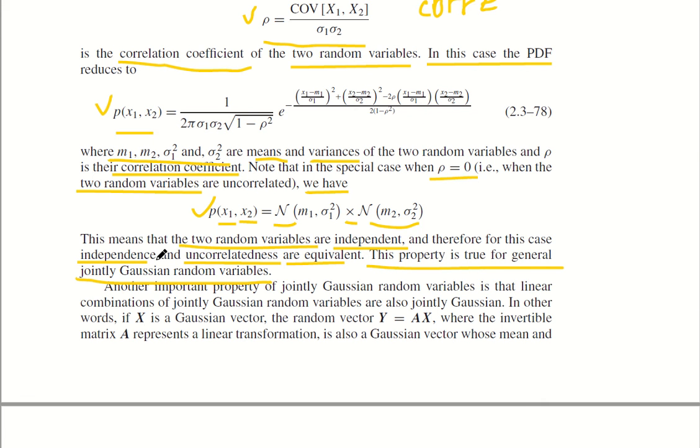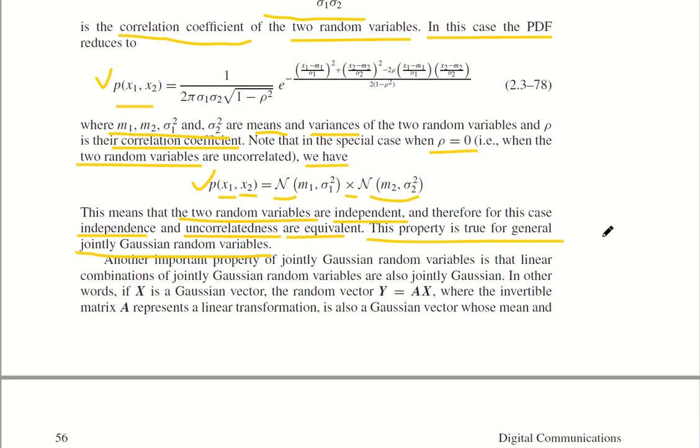But if you want to argue that independence is equal to uncorrelatedness for other kinds of random variables, you actually have to prove it. It's not trivial. In most cases, this is not true.